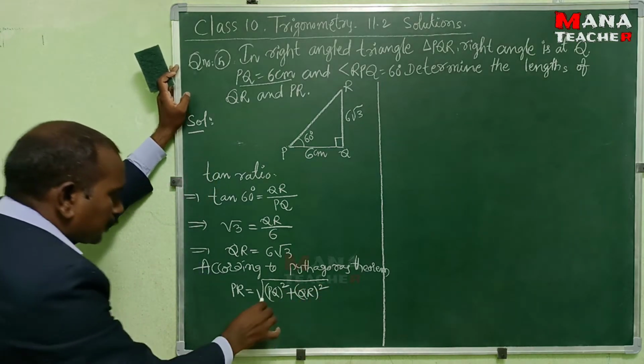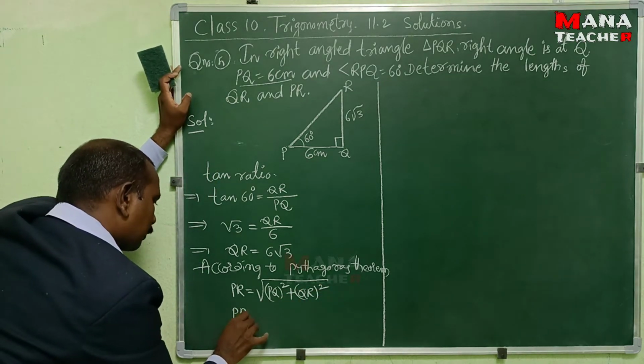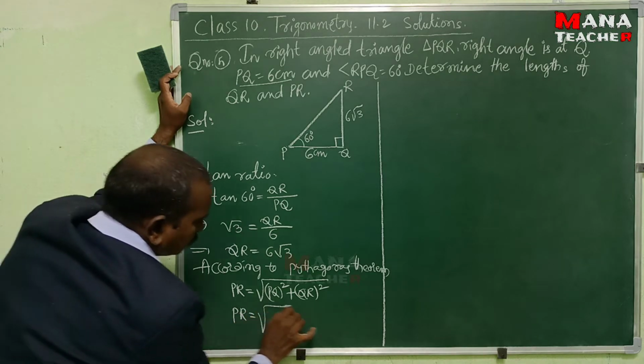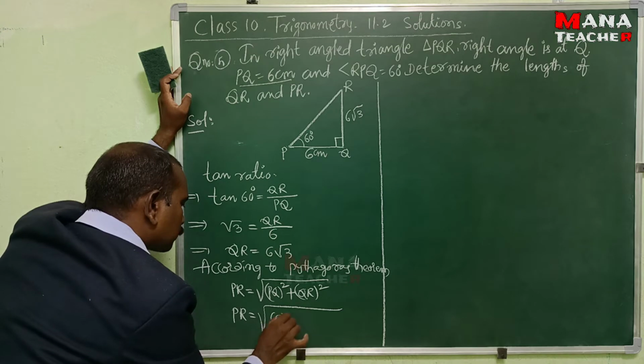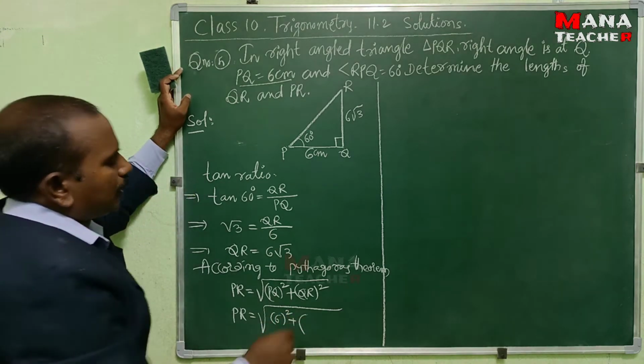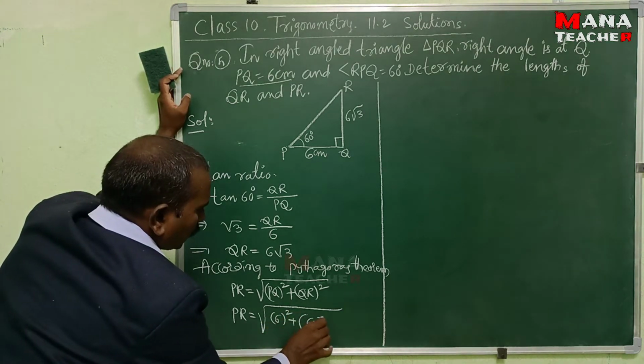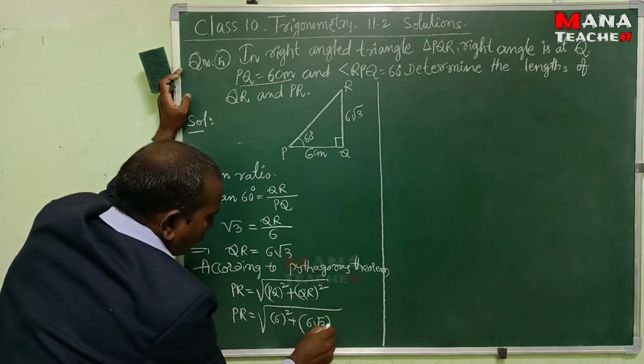Now substitute these values in this above equation. PQ square means 6 whole square, plus QR, 6 root 3, whole square.